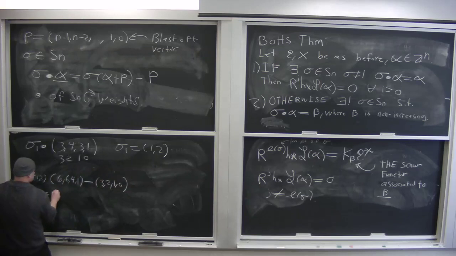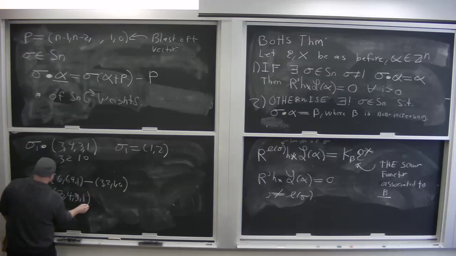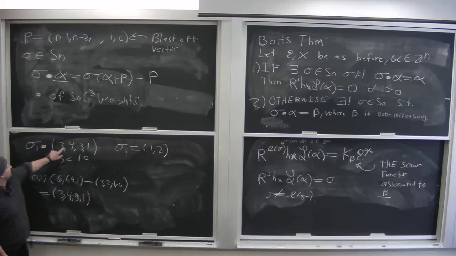So now what is this equal to? Now this becomes 3, 4, 3, 1. So what did we get?